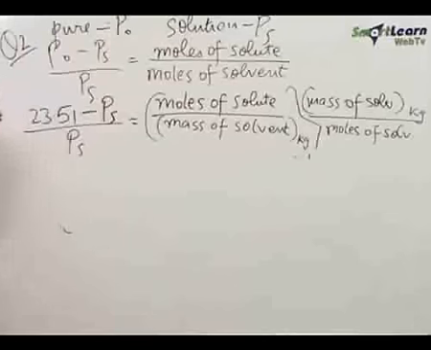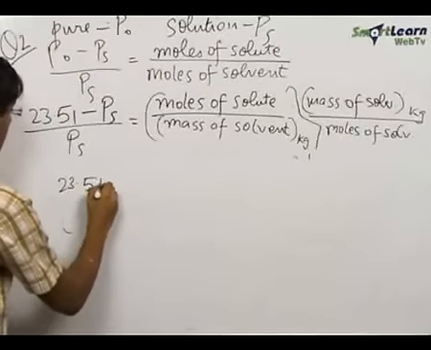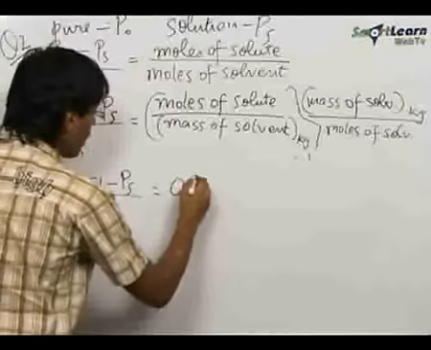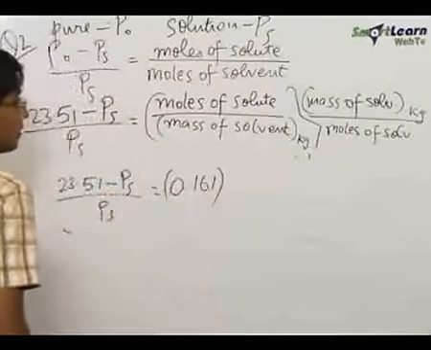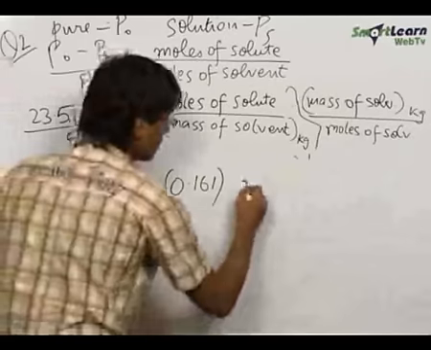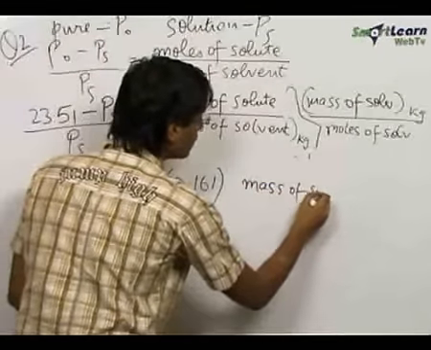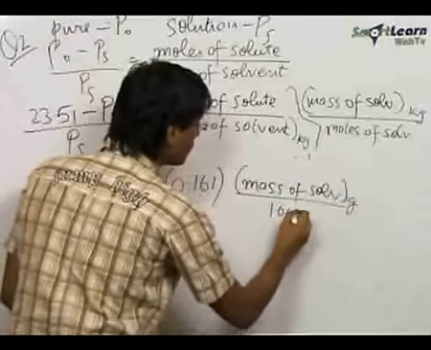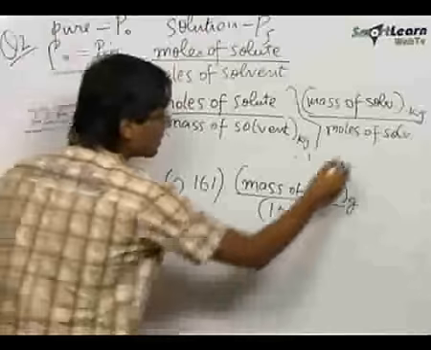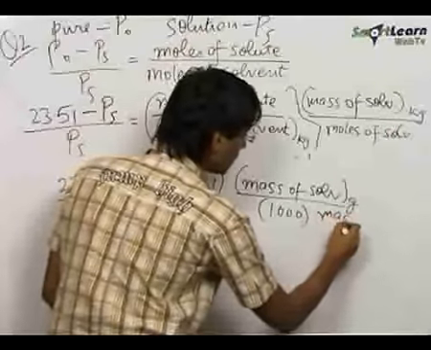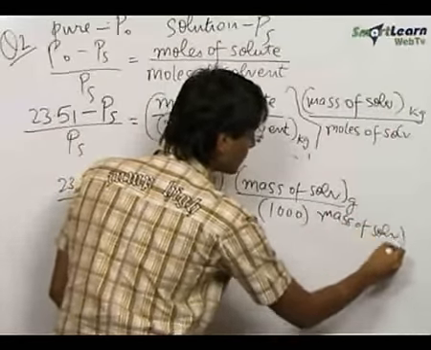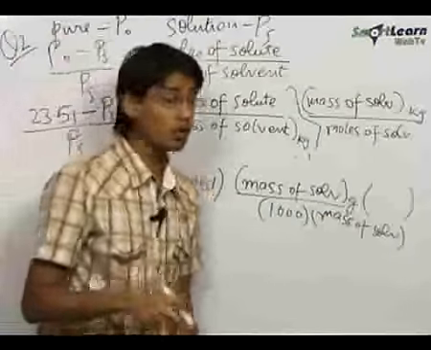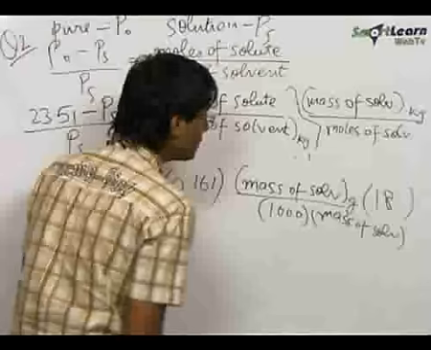Our molality is 0.161, so this becomes (23.51 minus Ps) upon Ps. This becomes molality, which was 0.161, times mass of solvent in grams divided by 1000, and this moles of solvent can be written as mass of solvent in grams upon the molecular weight of the solvent, and here we know that the solvent is water, so this becomes 18.